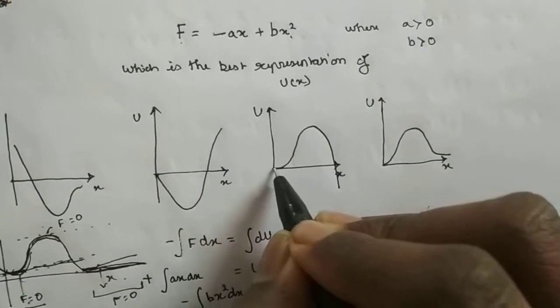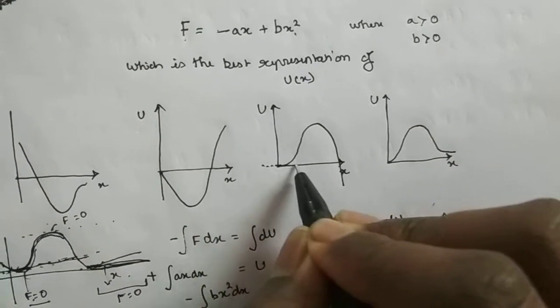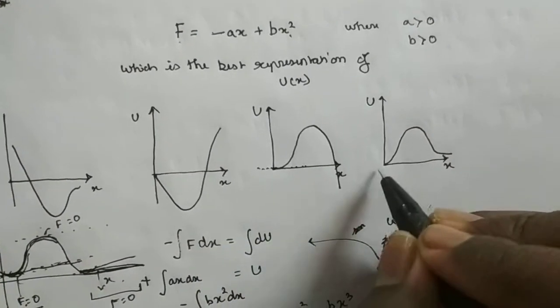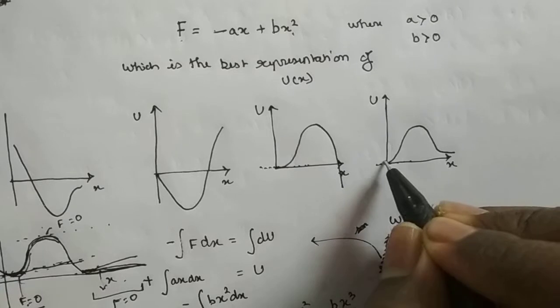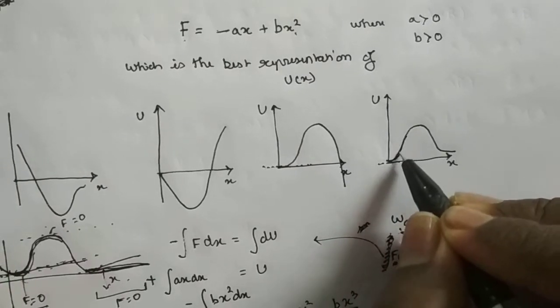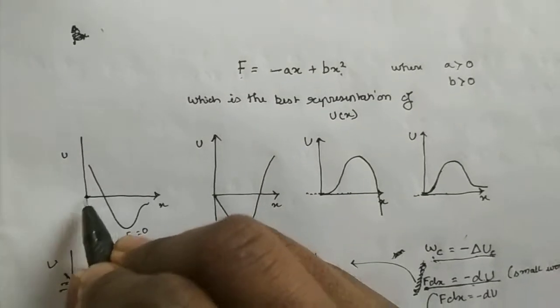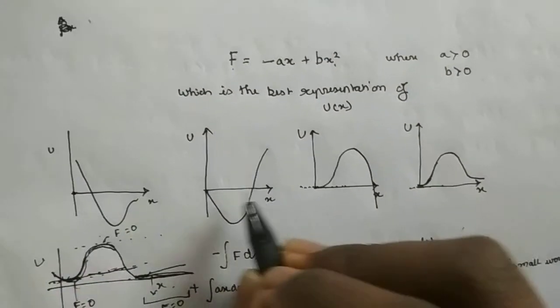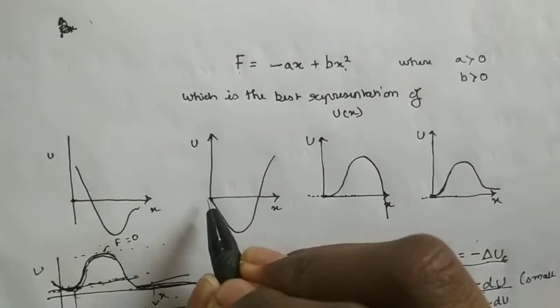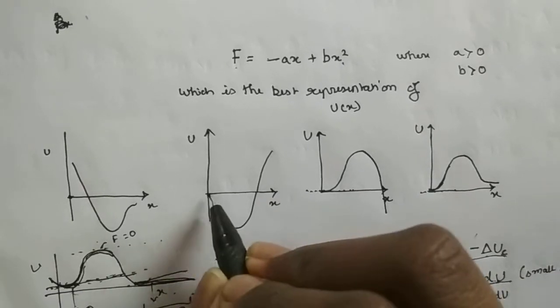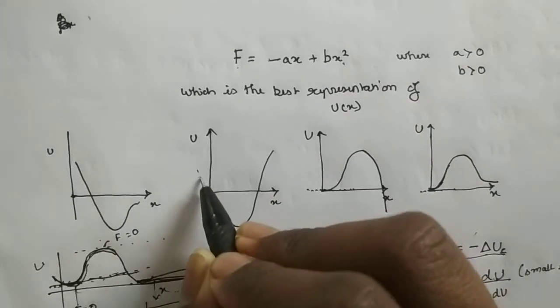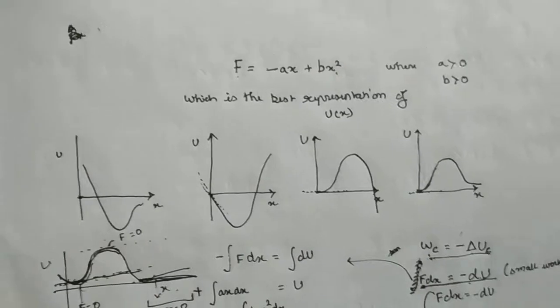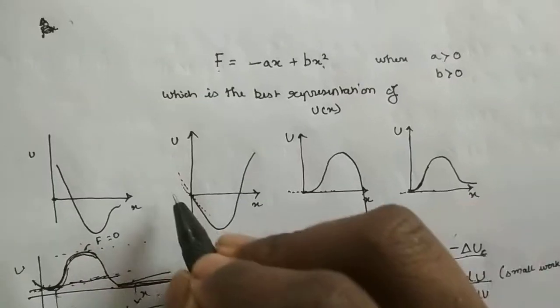As you can see, at 0 this has a tangent parallel to the x-axis, and this also has a tangent parallel to the x-axis. If I have drawn it a bit badly, I'm sorry. But this other one does not even have x equals 0 on its curve, and its tangent will have a negative slope. So these two are already out of the question.